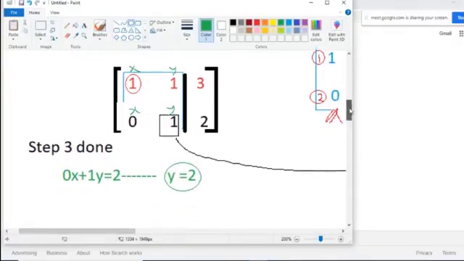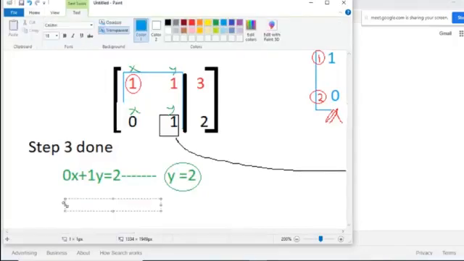Now try to convert in the same way the second equation, this one. 1 multiplied by x, 1 multiplied by y. Type with me. Then 1 multiplied by x plus 1 multiplied by y equals how much? 3. Simplify this equation with me, please.